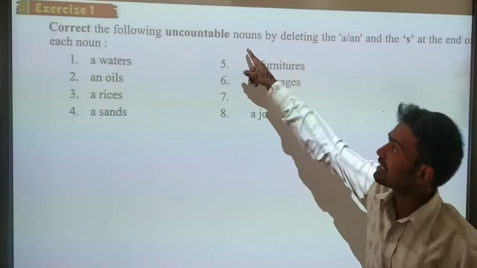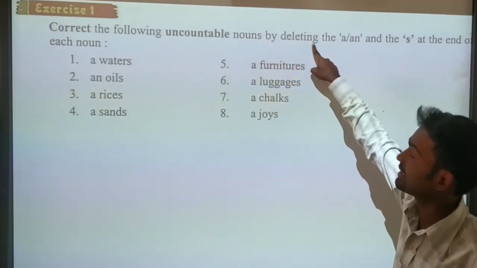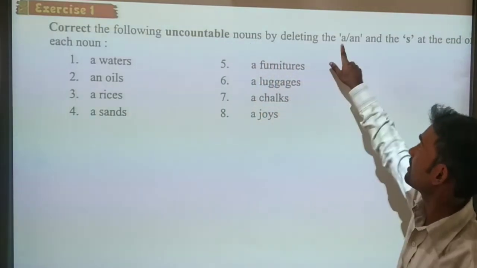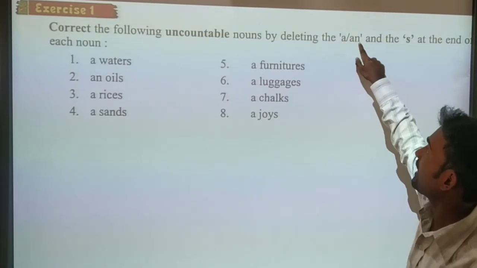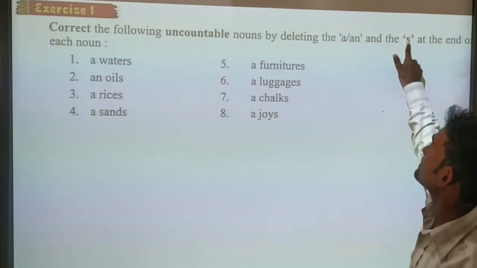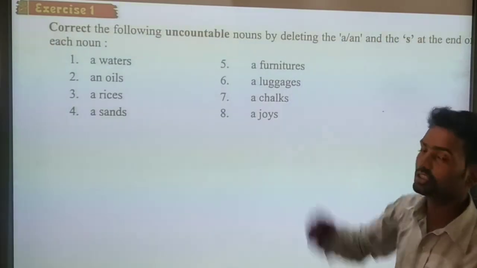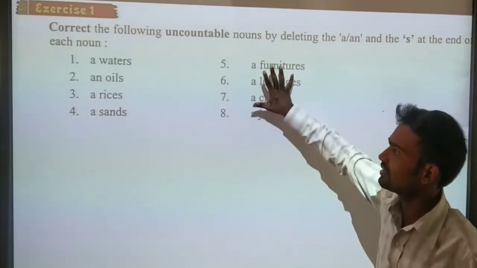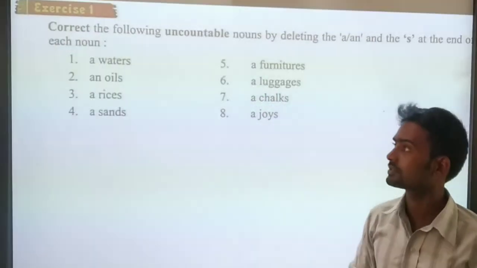Correct the following uncountable nouns by deleting, which means removing, the A or an and the S at the end of each noun. We have 8 uncountable nouns here.